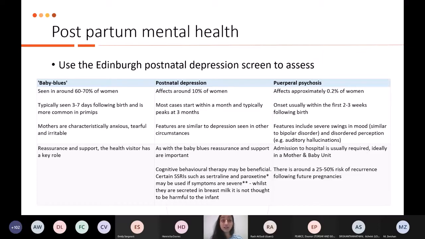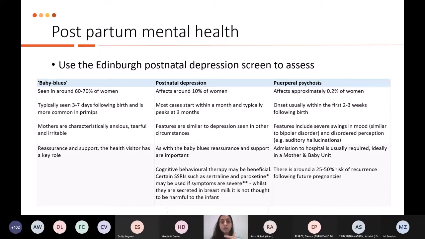Coming back to maternal mental health. There's a huge drive on looking after maternal mental health and domestic abuse at the moment. So anyone that you see in clinic, you are asked to check in on them, basically.